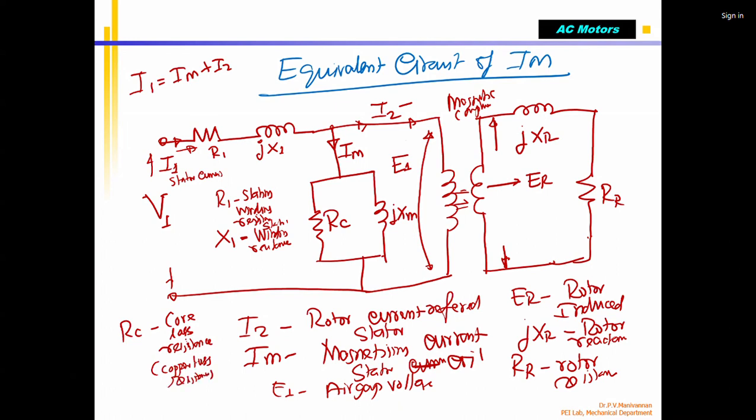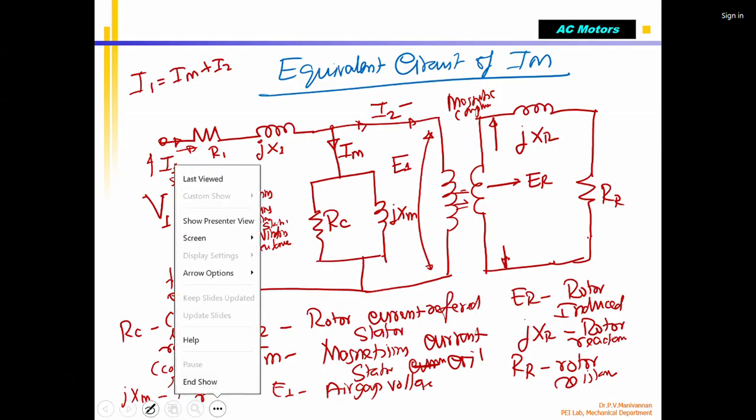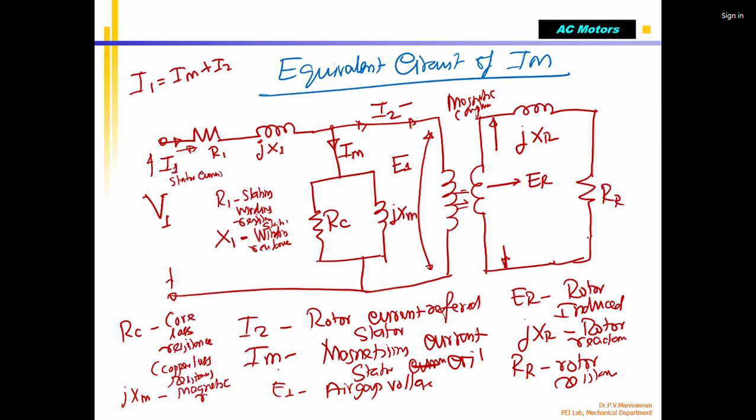Some books say copper loss resistance. And JXM is called magnetic reactance. We call this part the magnetic reactance.